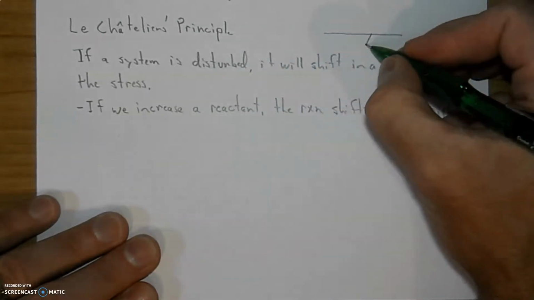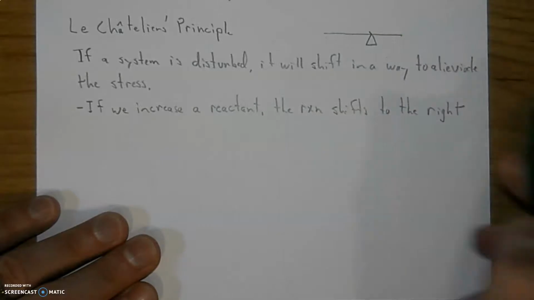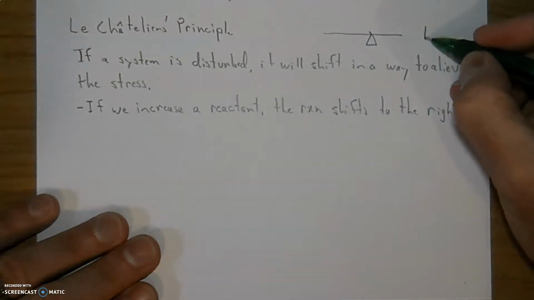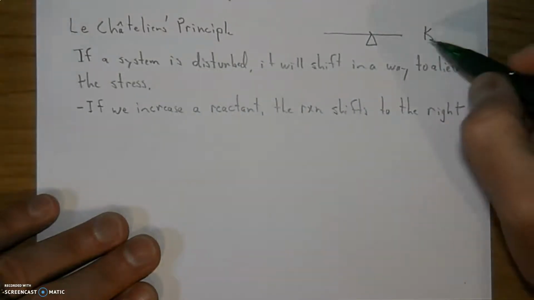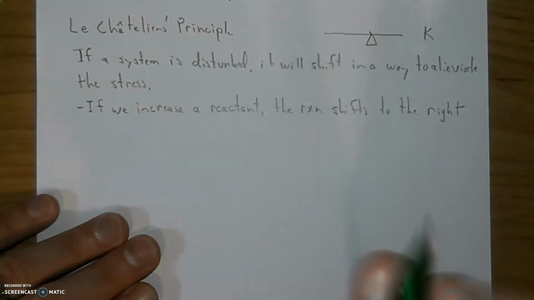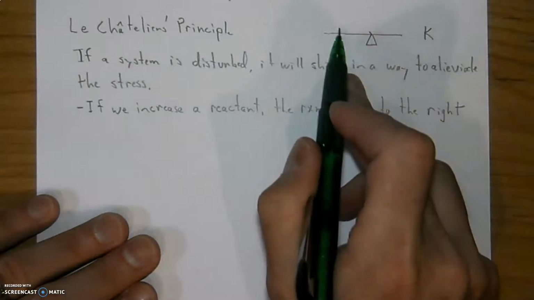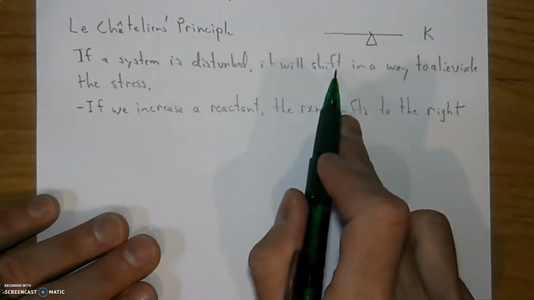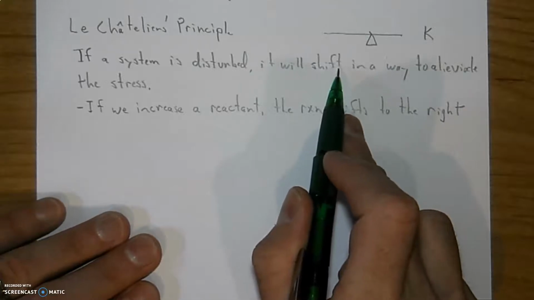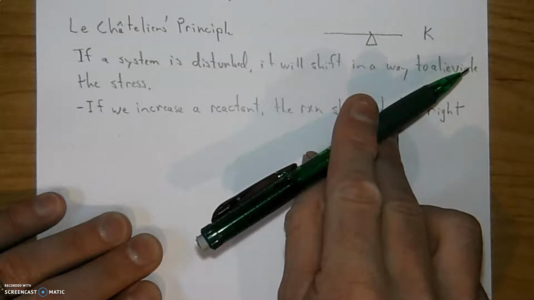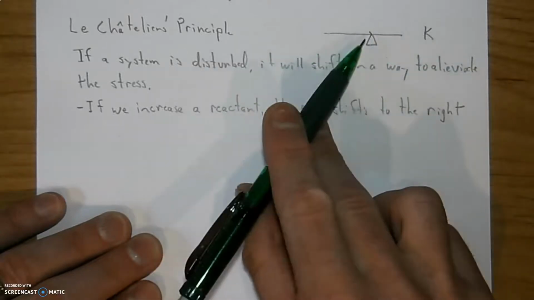It's balanced, however it happens to be. Again, it's not equal, but it is what it is. So you have some K value that goes to it. Maybe it's very heavily weighted on the right or the left. It doesn't matter. But if we increase the reactant, this side falls because it's out of balance. The only way to bring it back into whatever balance it was is to shift some of that to the right.